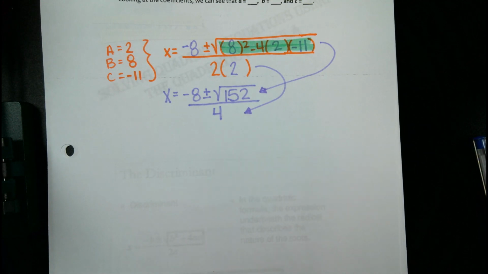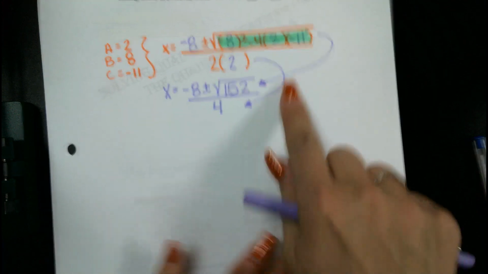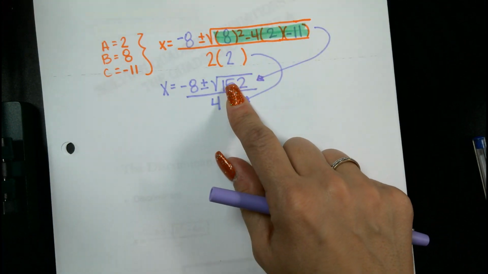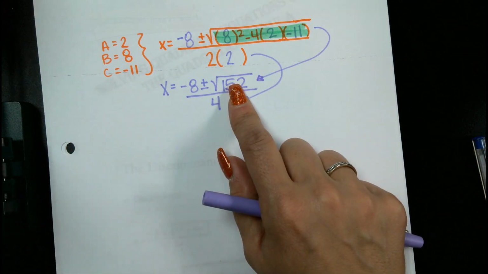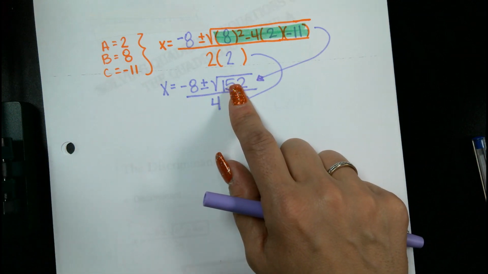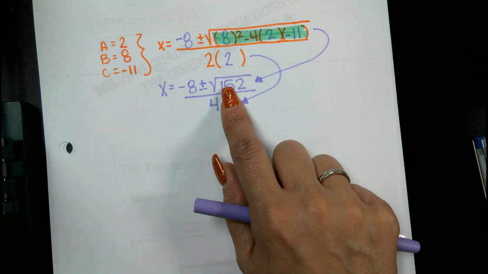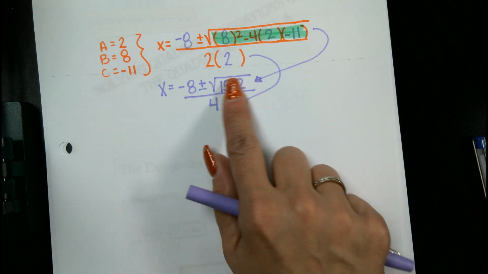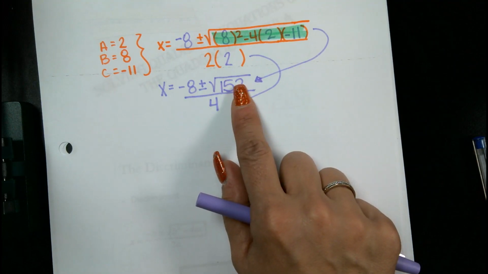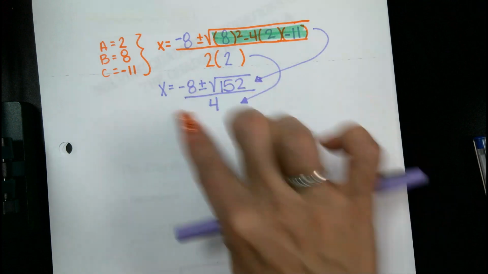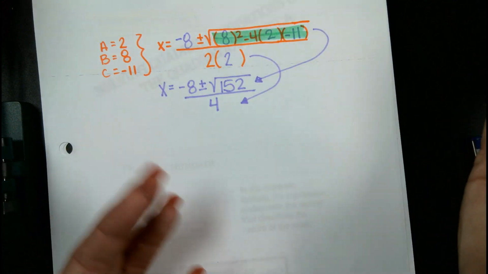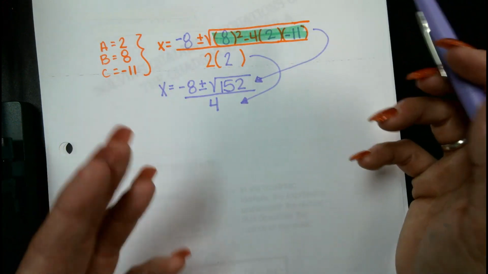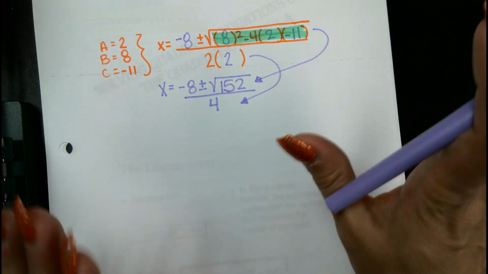That's not the number I wanted you to look at. Look at 55. Let's just pretend like this number right here was a 55. Does 55 break down to any perfect squares? No. So if this were 55 and it doesn't break down at all, you would be done. You wouldn't have to do anything else because 55 doesn't break down and it's not a perfect square. So you would leave it.